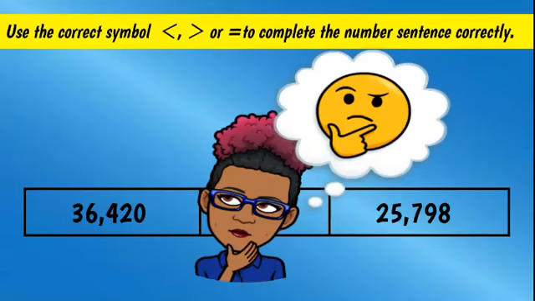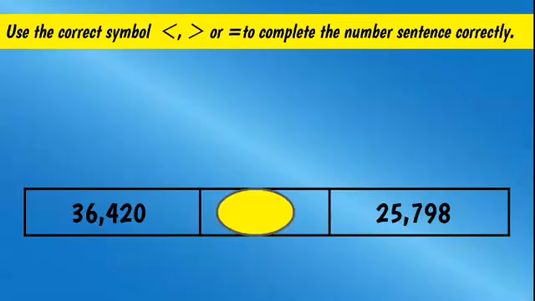Another example again. Use the correct symbol, less than, greater than, or equal to, to complete the number sentence correctly. So our numbers, 36,420, is it less than, greater than, or equal to 25,798? So we go again and we compare, starting from left.